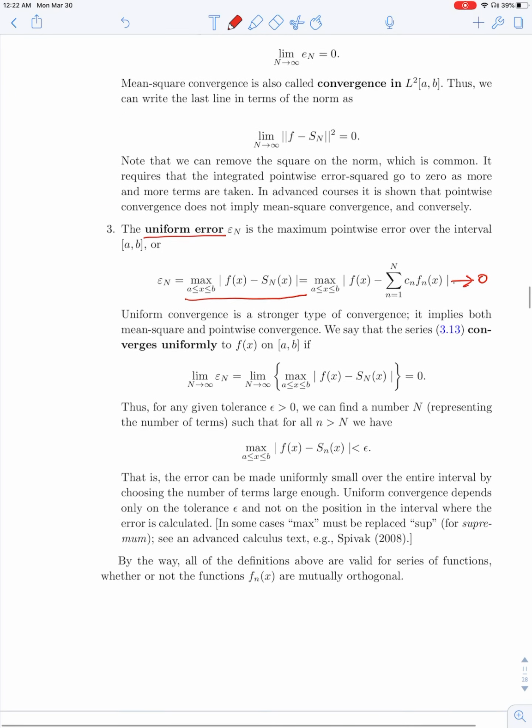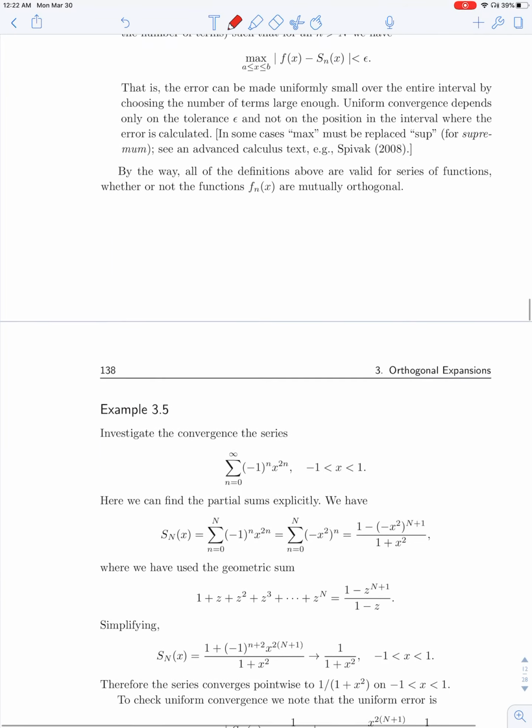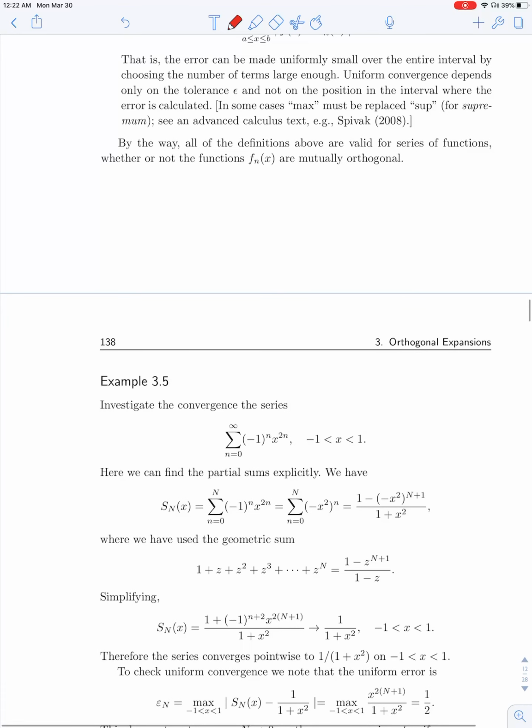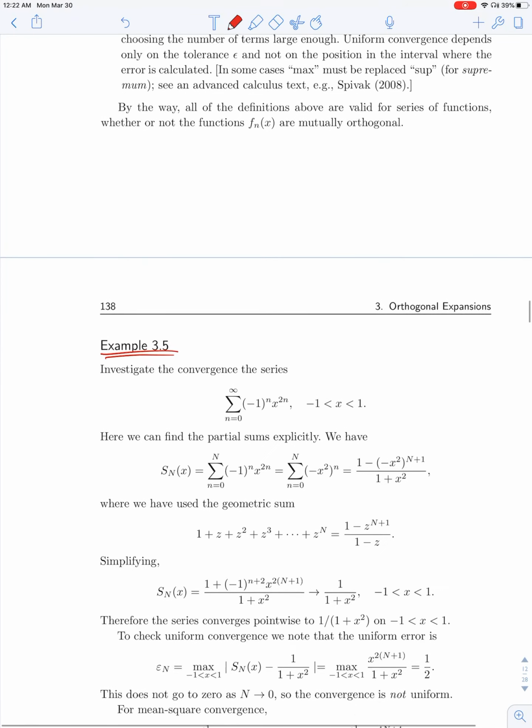We are not going to get into detail, since this is the kind of material that we learn in analysis 2 or advanced calculus 2. This is just an example showing you that these different concepts of convergence may be different.